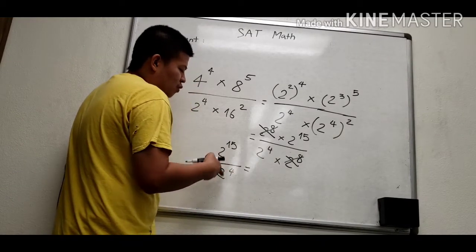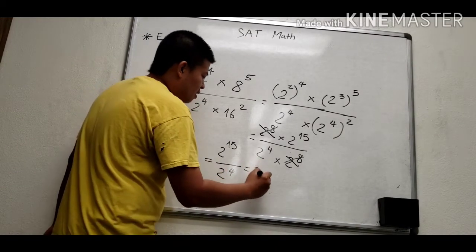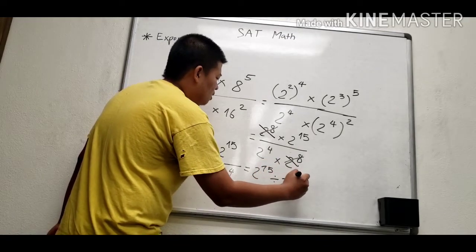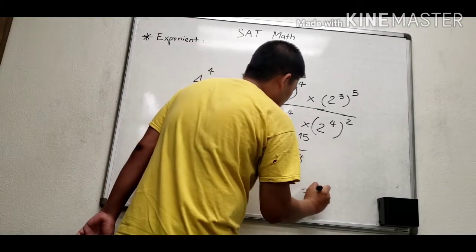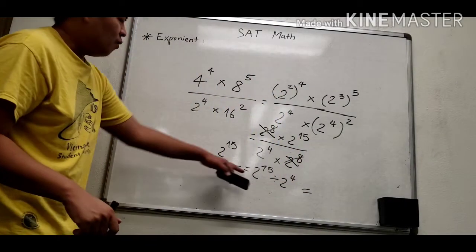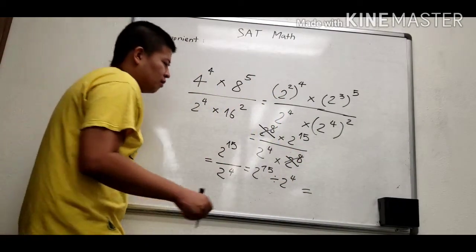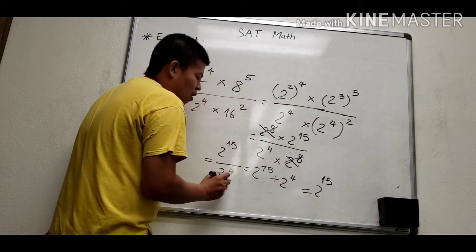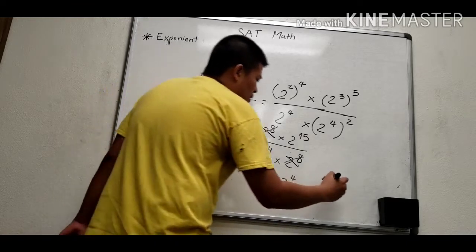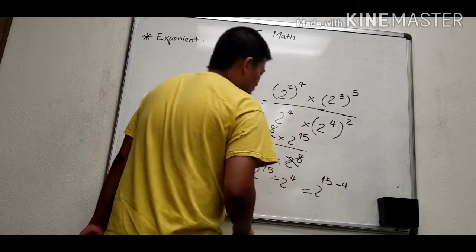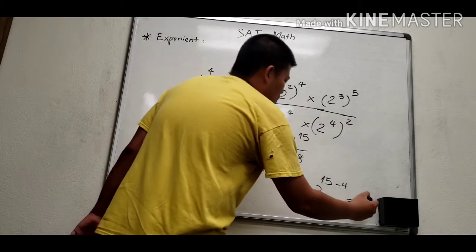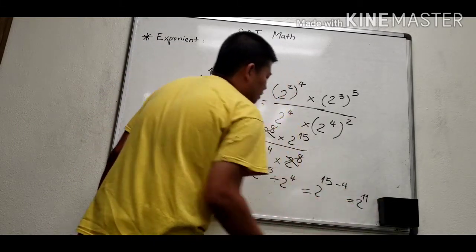Right now we have 2 power 15 divided by 2 power 4. And we know that because 2 power 4 is in the denominator, it will become minus 4. And 15 minus 4 is 2 power 11.